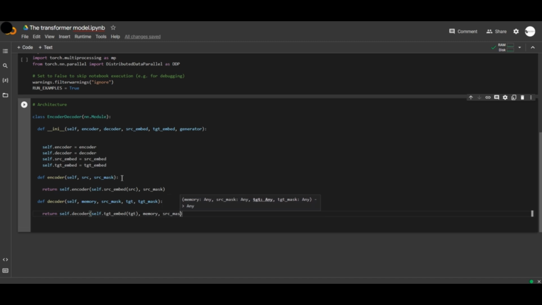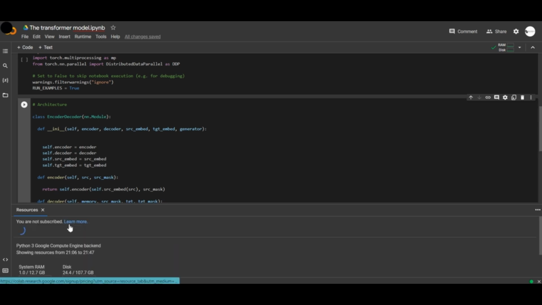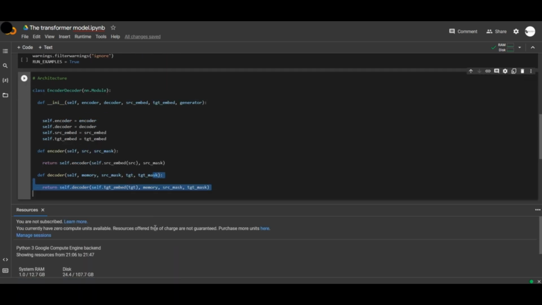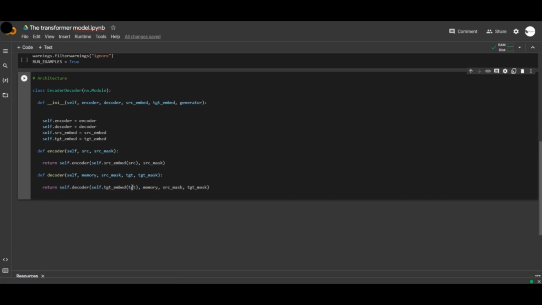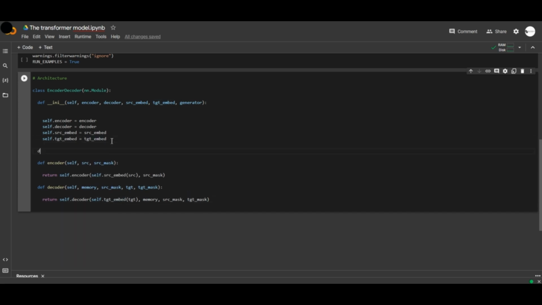Yeah. So we have mask, and we have target mask. Okay. So the only missing piece here, I hope I did not miss anything. Let me just remove this portion here. Yeah, so we embed the target, and we take in the memory, the source mask and the target mask. Okay, so we have the forward pass.